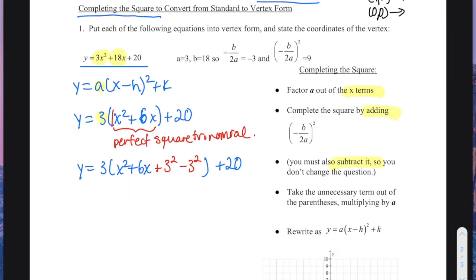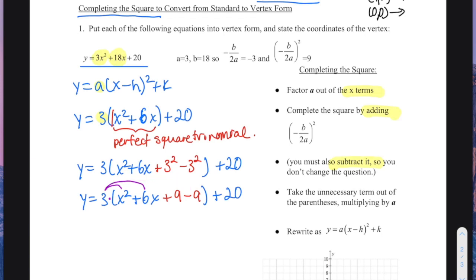What I'm going to do in my next step, just to make it a bit easier to look at, is write these terms as plus 9 minus 9. Okay, and we can sort of see how this is going to shape up. Now, before we do anything, I have to remind you that we're not going to expand, but if I were to expand, and if I wanted to get rid of this bracket, I would have to distribute the 3 to every term within this bracket.